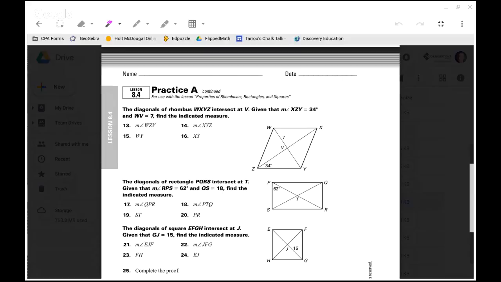Okay, they do bisect each other, but look at, are you looking at your family tree?